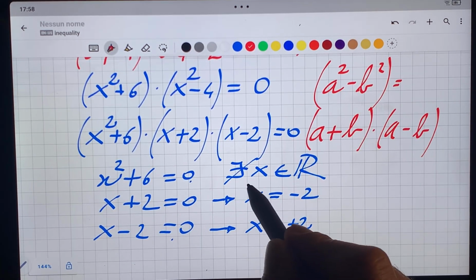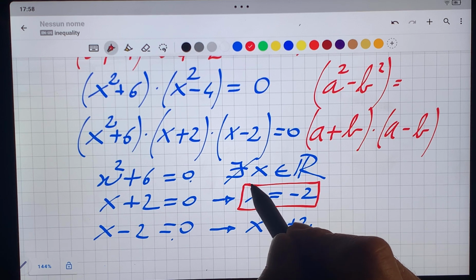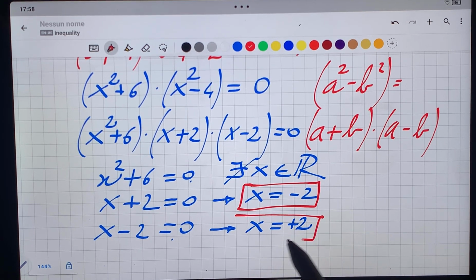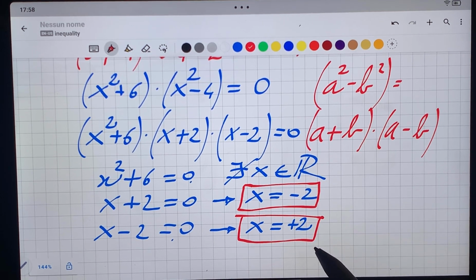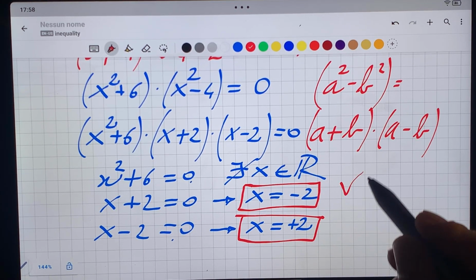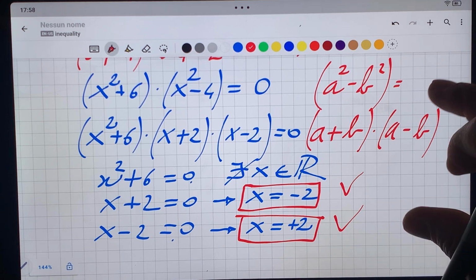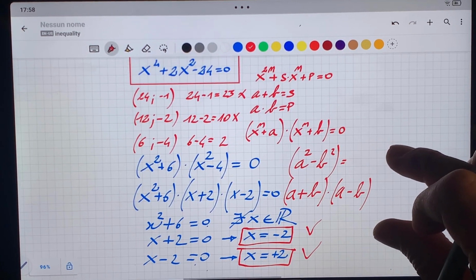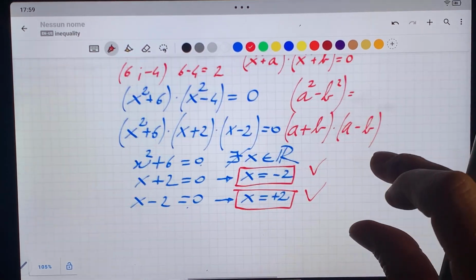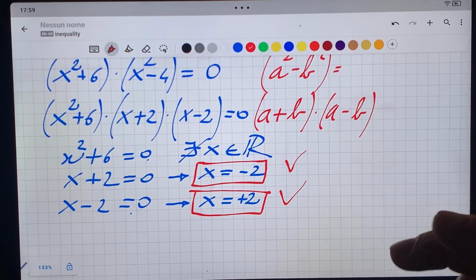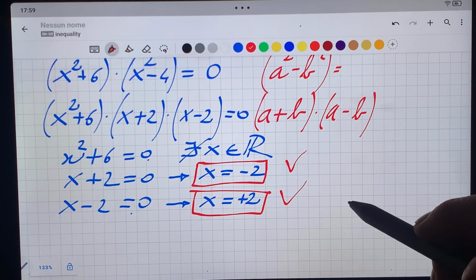So we found those two solutions: x equals negative 2 and x equals positive 2. Those are the solutions of the starting equation, and we haven't used the quadratic formula.